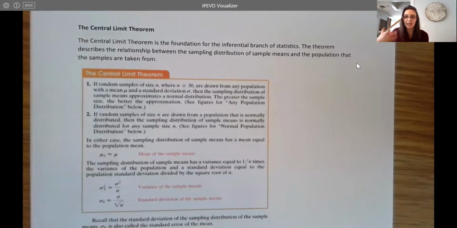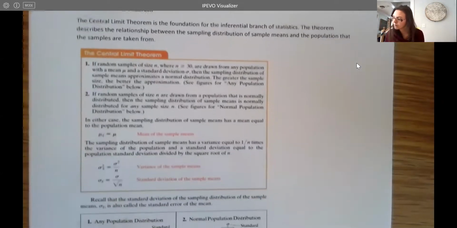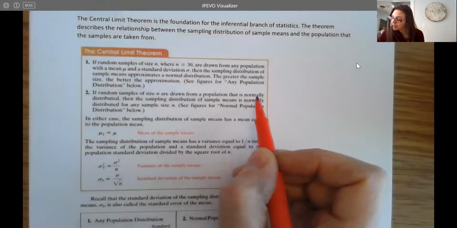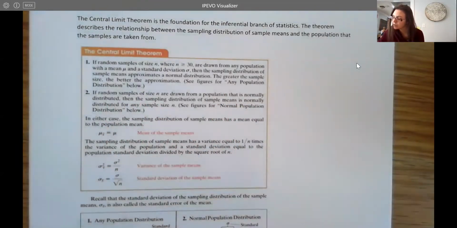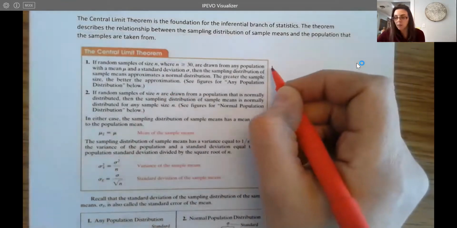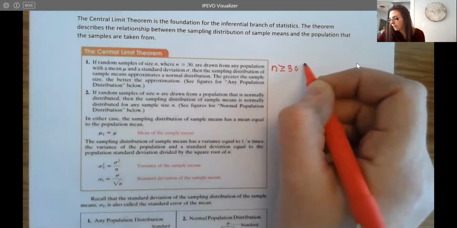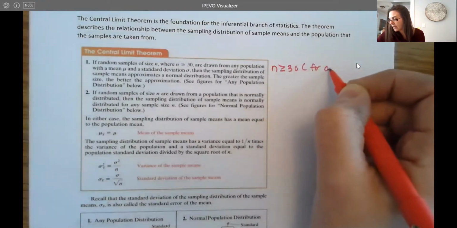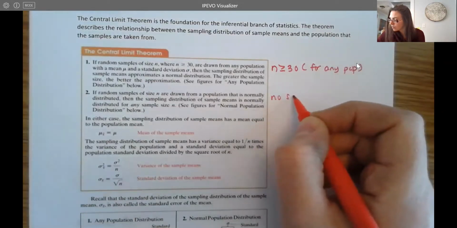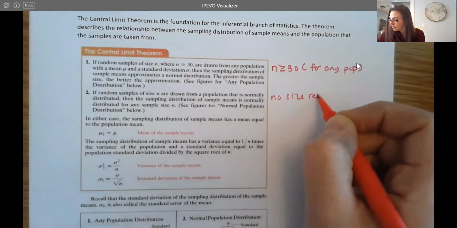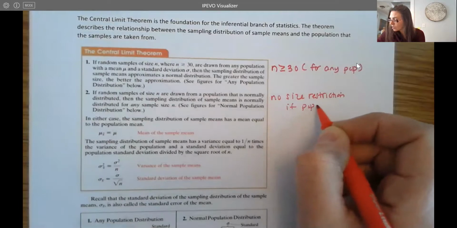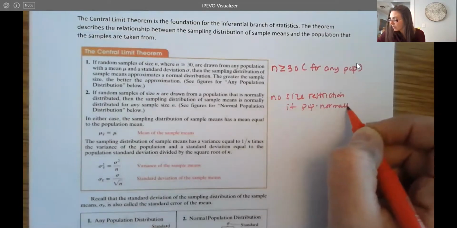So again, we have a whole bunch of means that are our new data set. If random samples of size n are drawn from a population that is already normally distributed, then the sampling distribution is normally distributed for any sample size. So for the first one, we need n greater than or equal to 30 for any population, but there is no size restriction on this theorem if the population is already normally distributed.